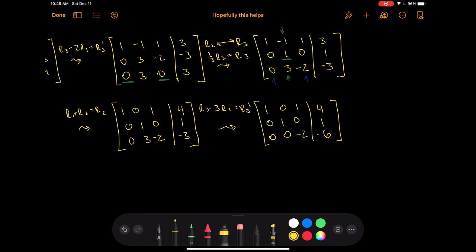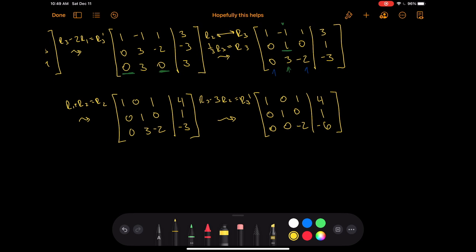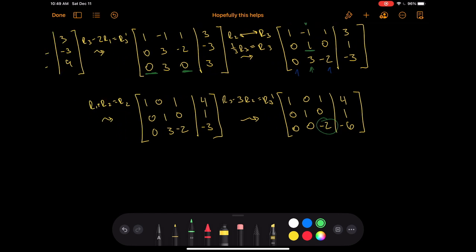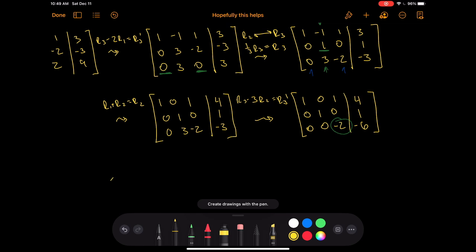And so what we can do here now is make this last row into a 1 by simply dividing by -1/2. R3 is equal to R3. And so we have 1, 0, 0.